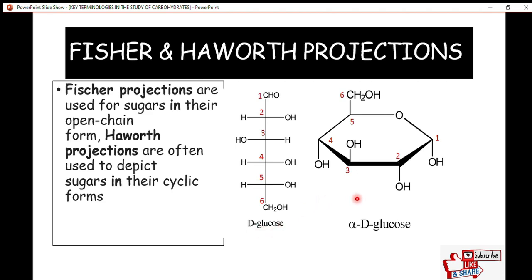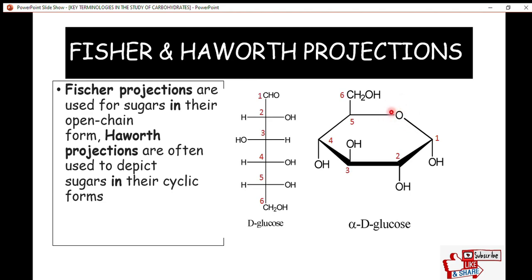This is a cyclic form of a sugar, and it is called a Haworth projection. These 6 carbons are represented in a cyclic ring. As you can see, we have carbon 1 here, carbon 2, carbon 3, carbon 4, carbon 5, and carbon 6, and we have this bond over here. This is a linkage, and we will determine how it is formed.